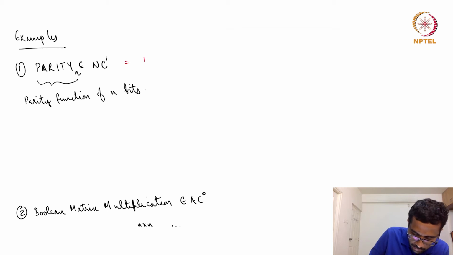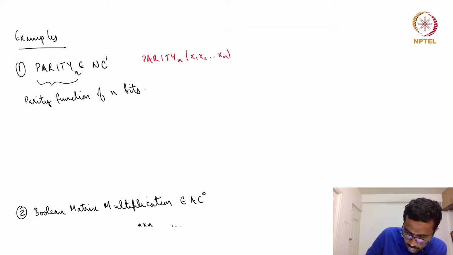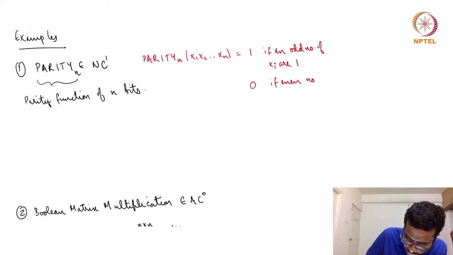Parity of x1, x2 up to xn is equal to 1 if an odd number of xi are 1, and it is 0 if an even number of xi are 1.